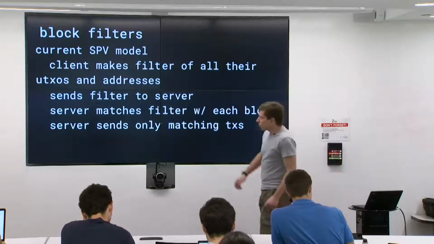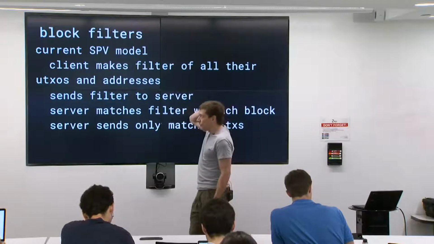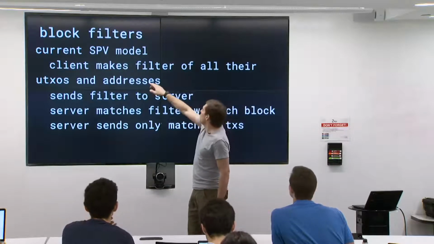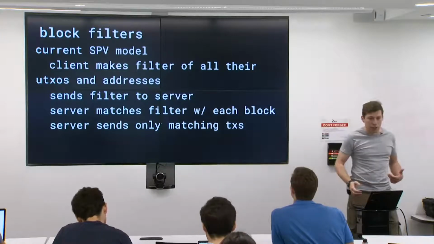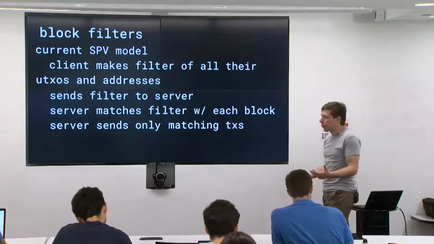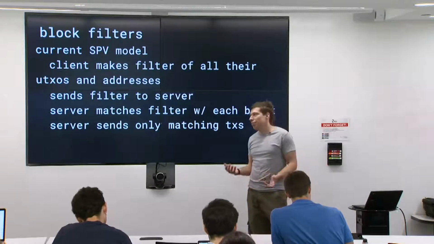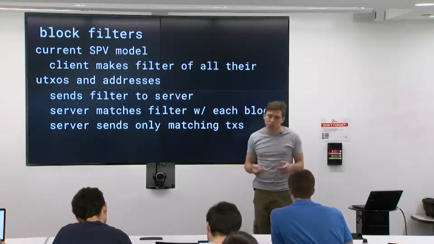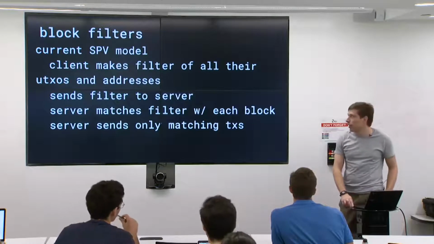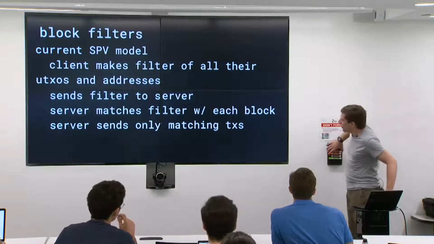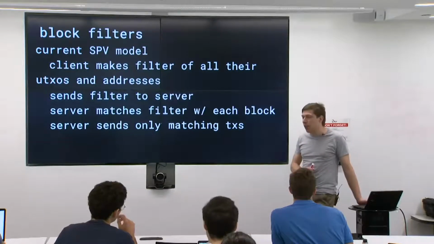So what I do, and this exists today, you can do this, you make a Bloom filter of all your UTXOs and addresses. So you say, okay, here's all my addresses that I'm hoping to receive money on. I've got 20 of them, 30 of them, 100 of them, however many. Although Bloom filters don't really work once you have too many. But the idea is, if you have 5 addresses, let's say you start a wallet, you don't have any money.